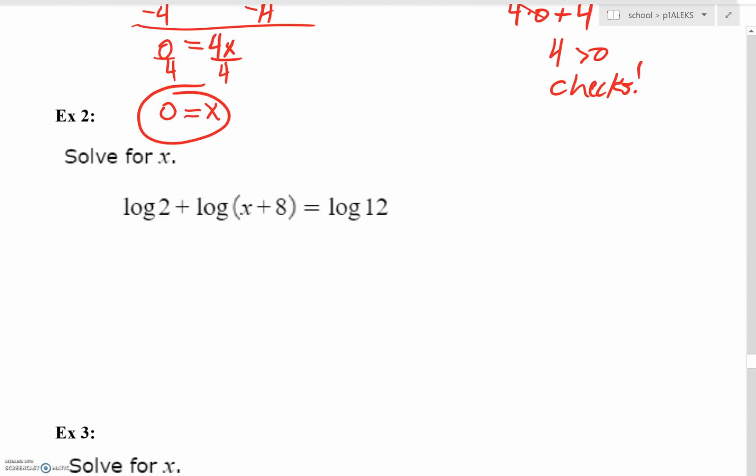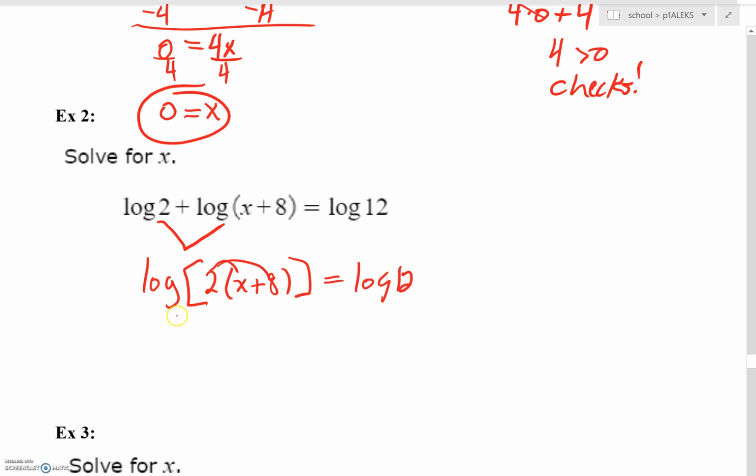Take a look at example 2. The problem is we don't have a log equaling a log. However, whenever you have a log plus a log, you may condense by multiplying the insides together. And we can distribute, and we'll get 2x plus 16.